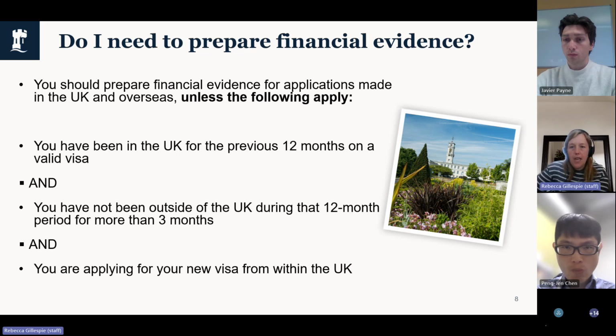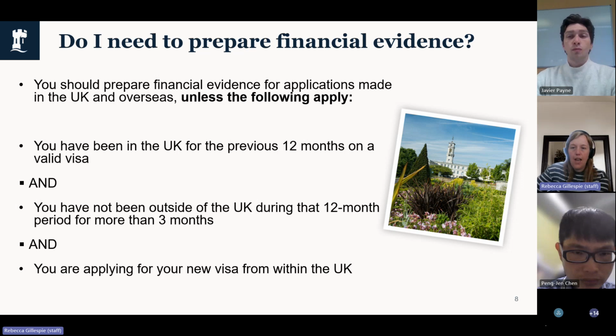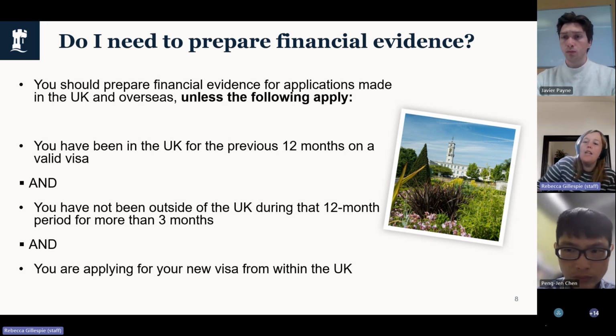If this applies to you, this means that you will be exempt from meeting the financial evidence requirements, meaning you are not required to prepare or submit financial evidence with your visa application. If you do not meet this exemption, then you will be required to prepare your financial evidence and ensure that it meets student visa requirements prior to submitting your online application.